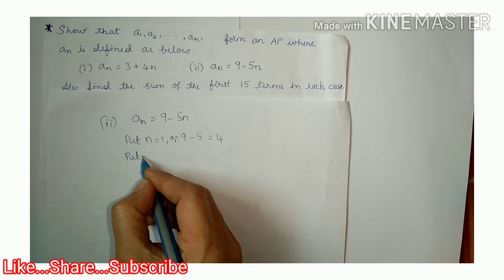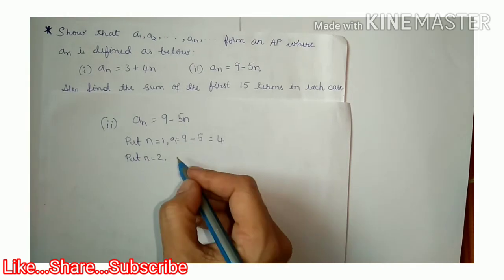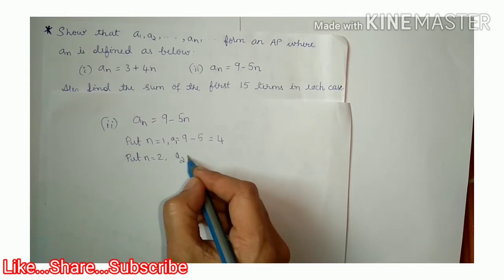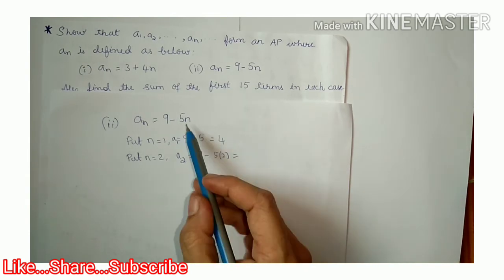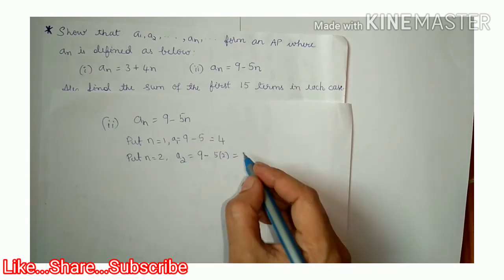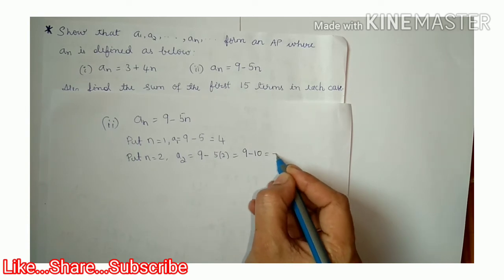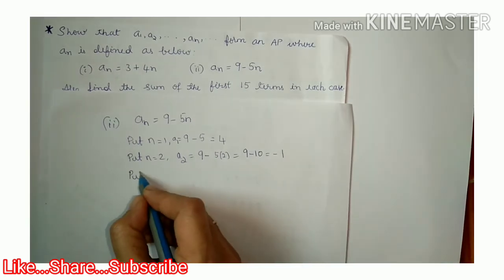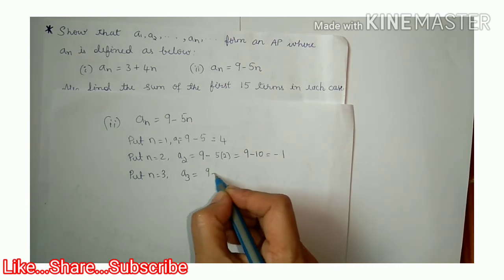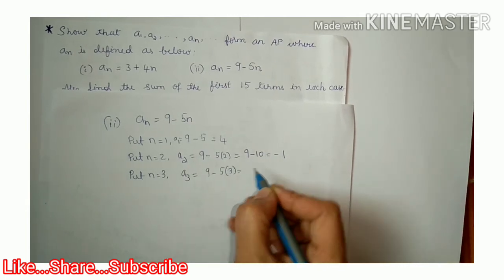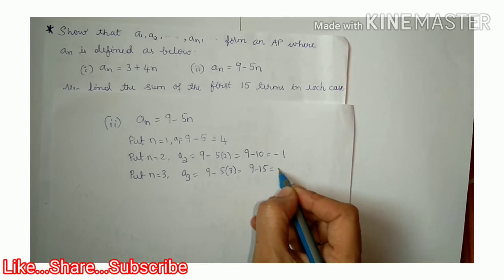Put n is equal to 2: a2 is equal to 9 minus 5 into 2, 9 minus 10, minus 1. Put n is equal to 3: a3, 9 minus 5 into 3, 9 minus 15, minus 6.